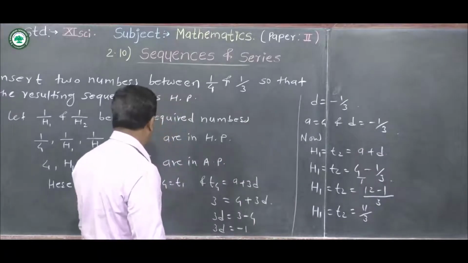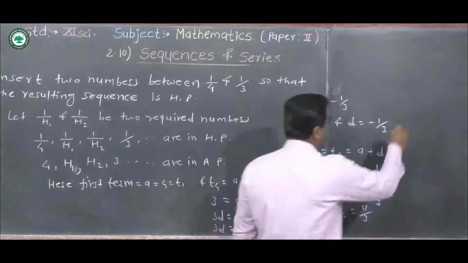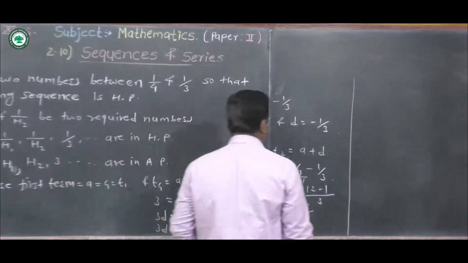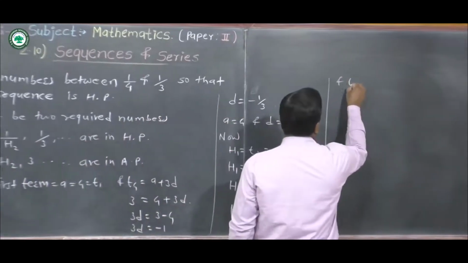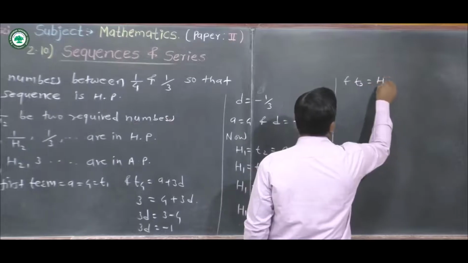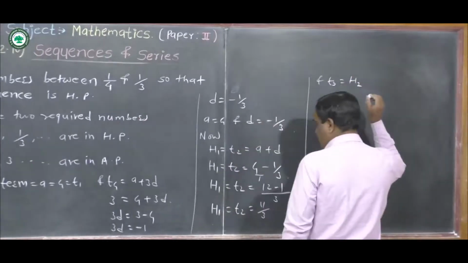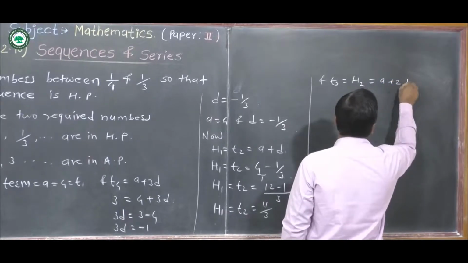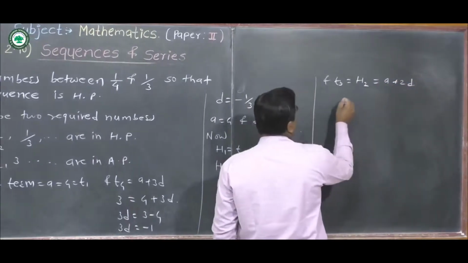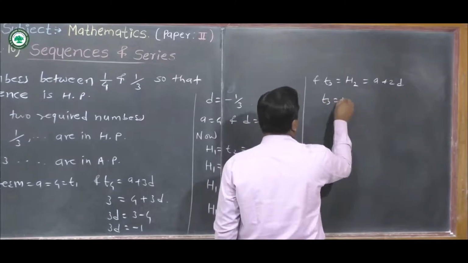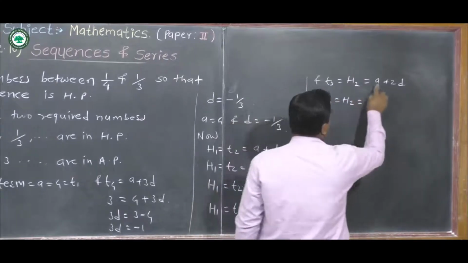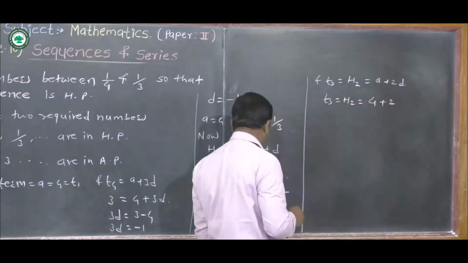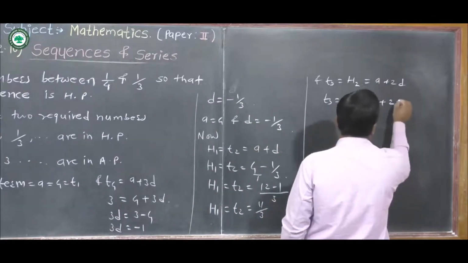11 upon 3. And we can find H2, third term. T3 equal to H2. H2 is equal to, third term is A plus 2D. Therefore, we can write here T3 equal to H2, putting values of A and D. A is equal to 4, 2 into value of D, minus 1 by 3.